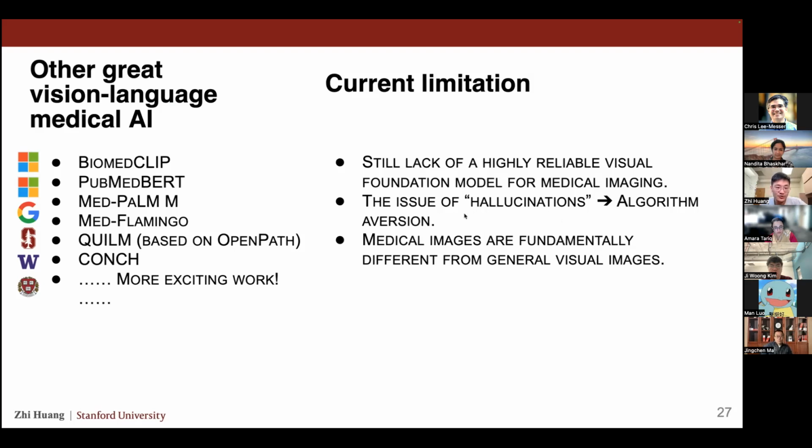The second issue is about hallucination. I think there's a question from the meeting chat by Thomas: what large language model are you experimenting with, and how is the hallucination problem? This is exactly the current limitation.